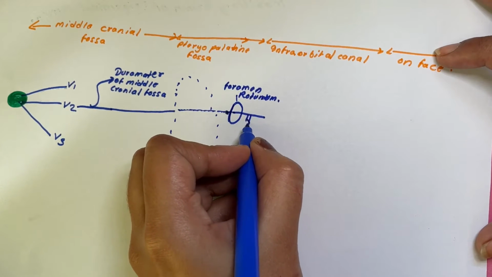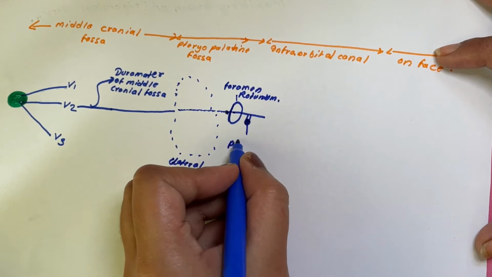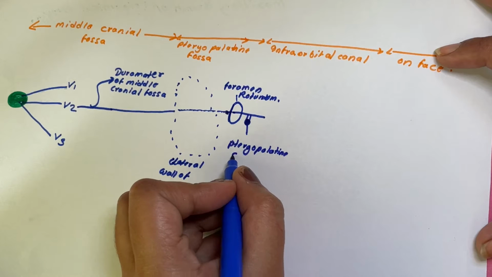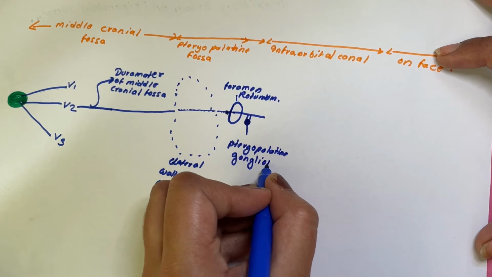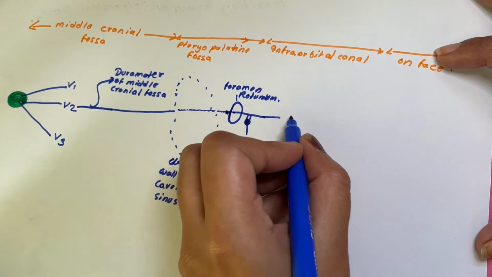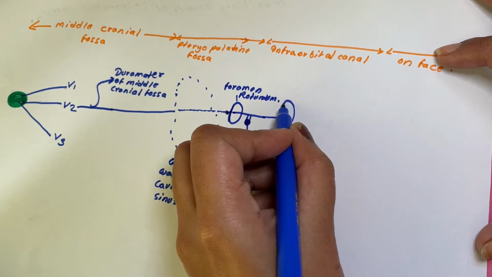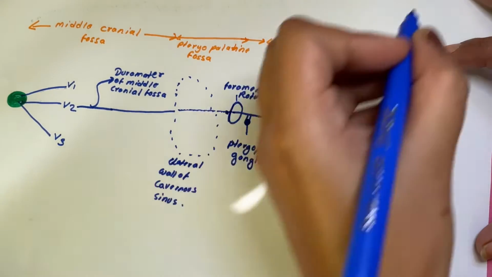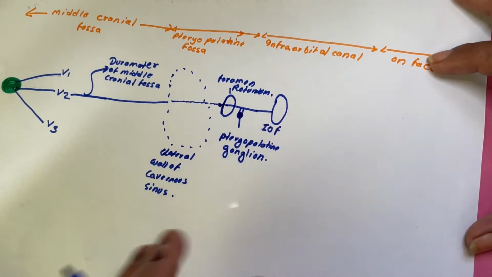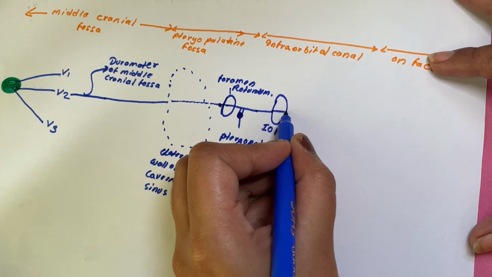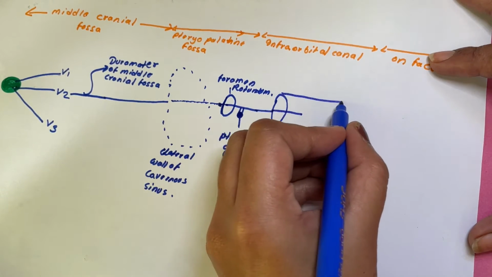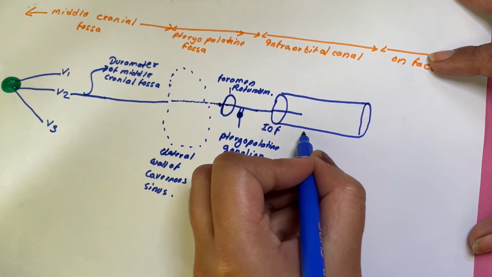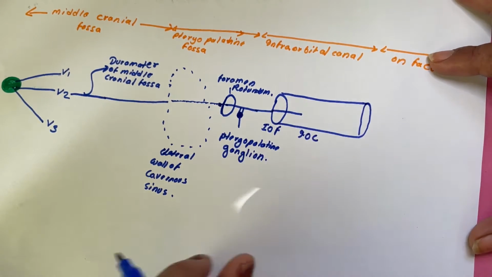And it makes a ganglion named the pterygopalatine ganglion, and then it passes through the fissure named the inferior orbital fissure, and goes to the canal called the inferior orbital canal.